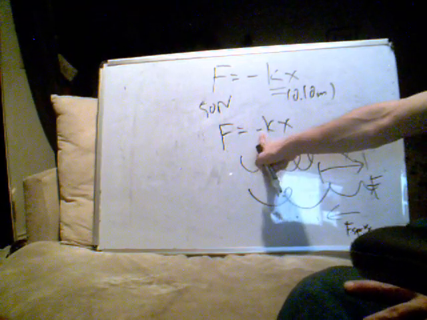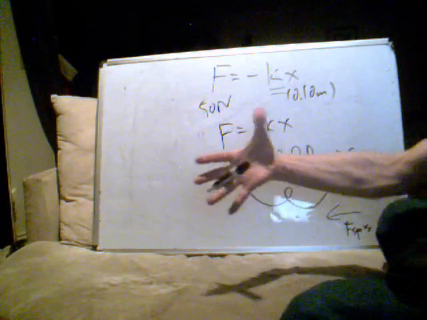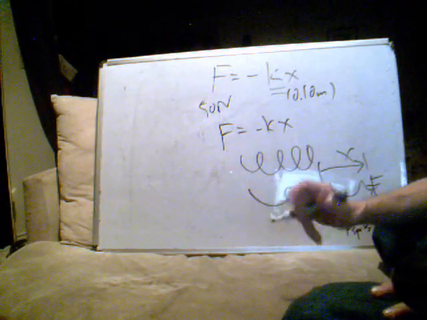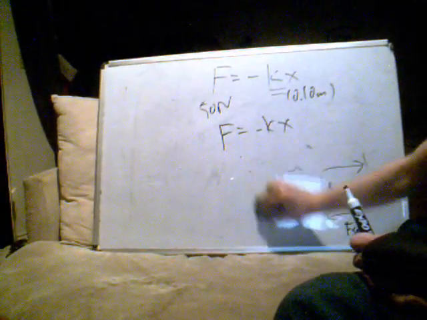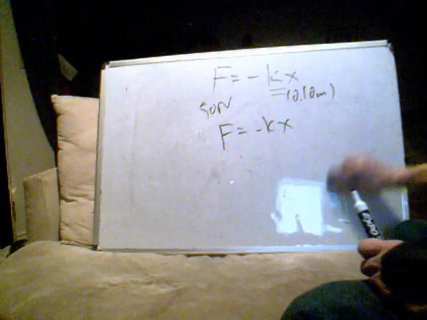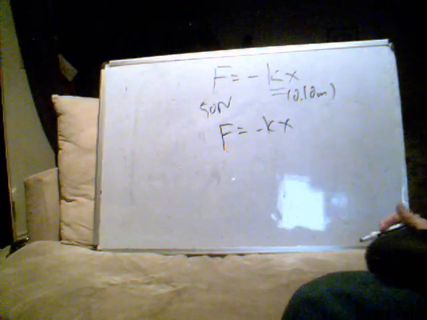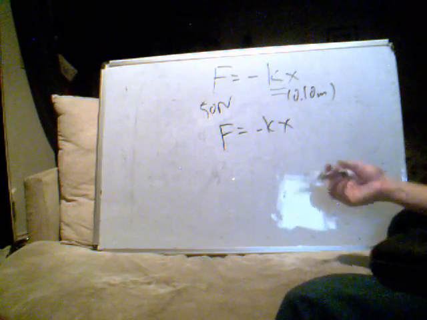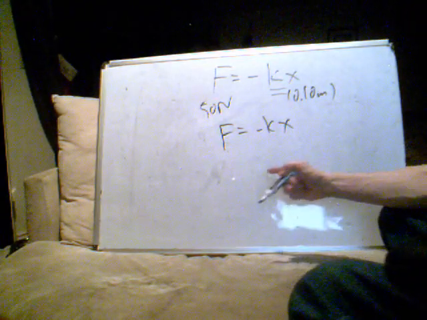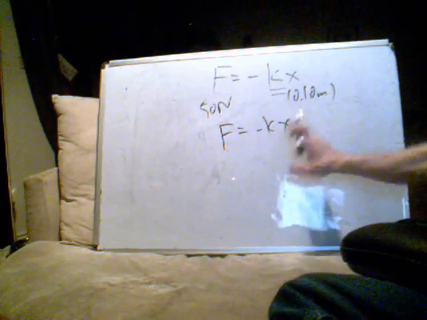That's what the minus sign means, right? If you pull the spring outward, it wants to pull itself inward to compensate. If you compress the spring, it wants to push itself out. And I'm sure by now we probably all know how springs work. In any case, that's what the minus sign means: in the opposite direction of displacement from equilibrium.